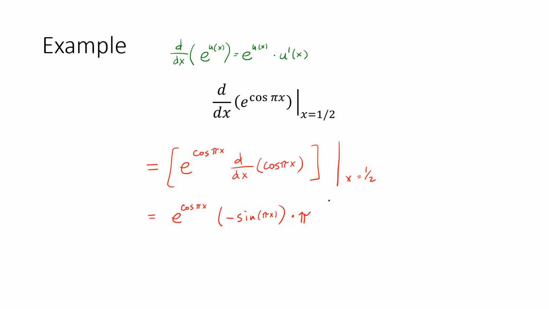And then all of that evaluated at 1/2. Okay, so we've got e to the cosine of pi times 1/2, so e to the cosine of pi over 2, and then times negative sine of pi over 2 times pi.